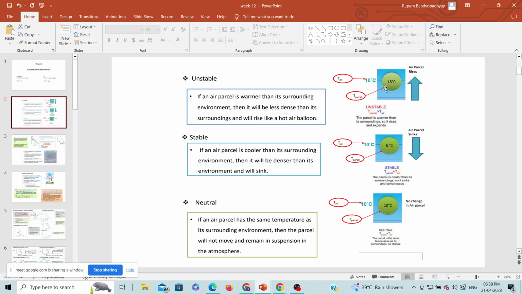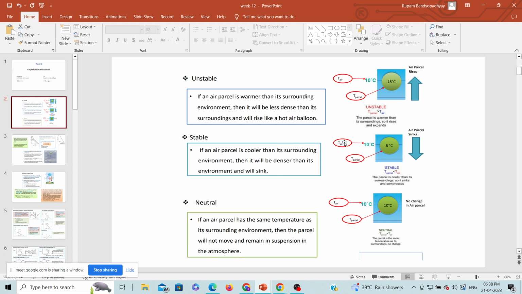You can see this in the figure. For the stable condition, if the temperature of the air packet is lower than the surrounding temperature, it will be denser compared to the surroundings, so it will sink and not rise.